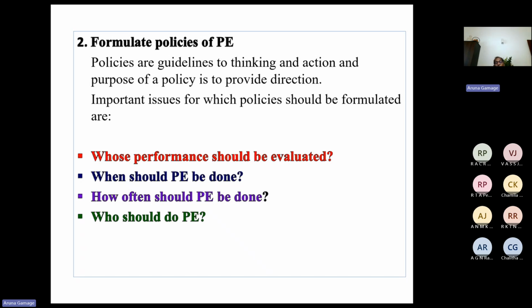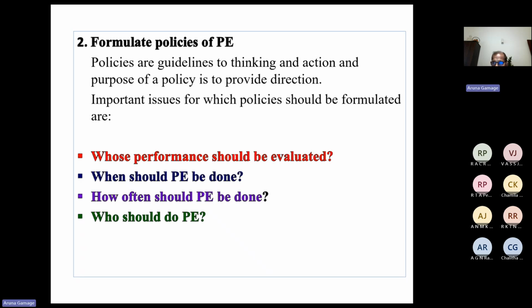You have to find answers to these 4 issues by means of formulating policies. So whose performance should be evaluated? In order to answer that question, you have to have a policy.